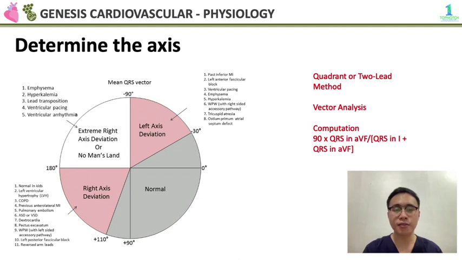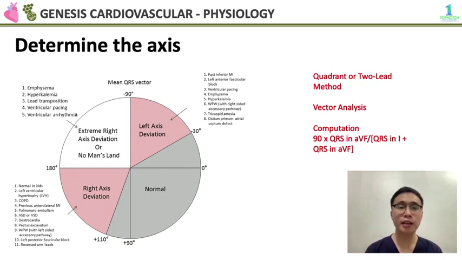No? 90 times AVF divided by 1 plus AVF. Ulit, 90 times AVF, the entire thing divided by 1 plus AVF. Okay? So, dun sa two-lead method, usually we use this shortcut method. Okay? Because it's hard to compute all the time, especially when you're in a hurry. Diba? Maglalabas ka pa ng cellphone, magko-compute ka pa.